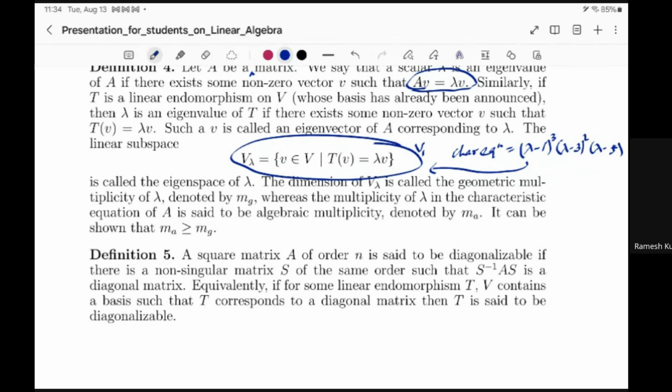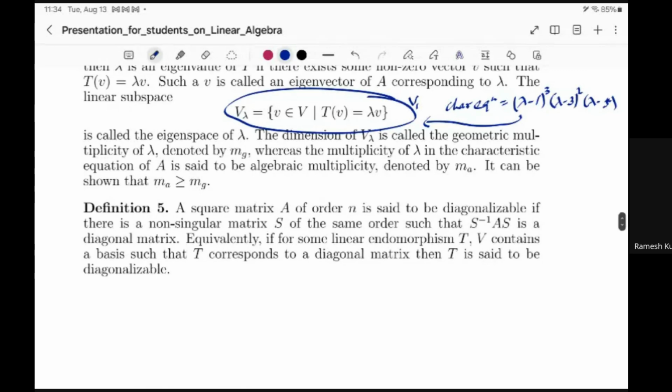And if the geometric multiplicity and the algebraic multiplicity happen to be the same for all the eigenvalues of a given matrix A, then we will say that A is diagonalizable. But that is a consequence rather than a definition. So let me define this diagonalizable idea.